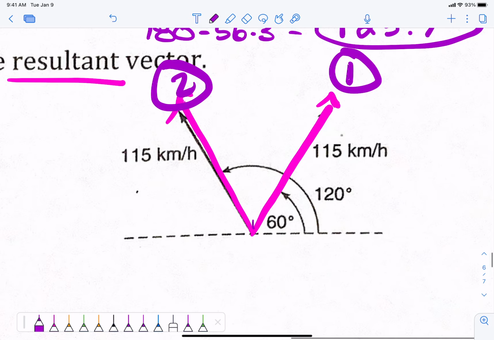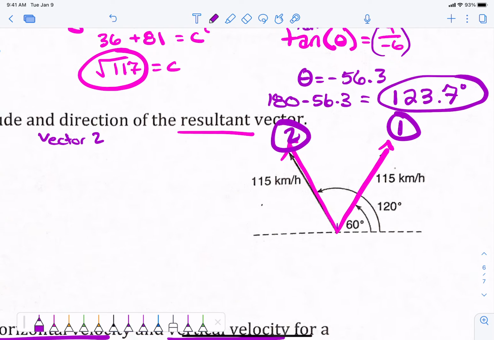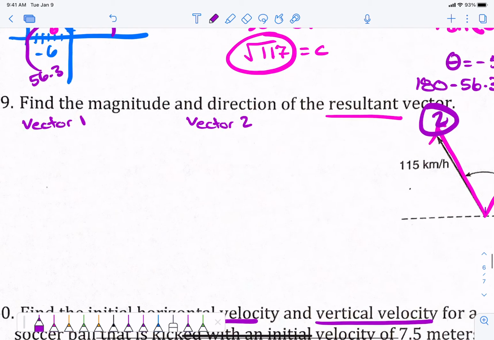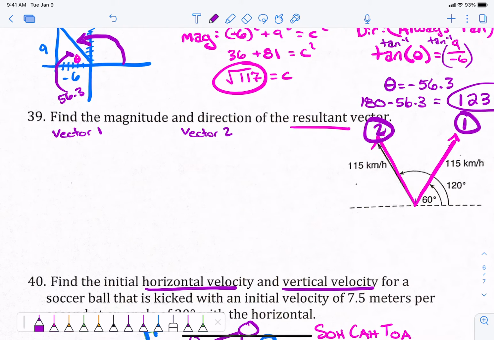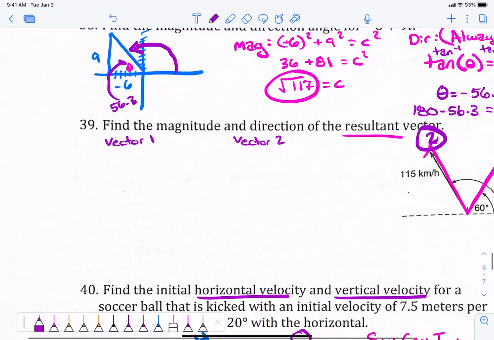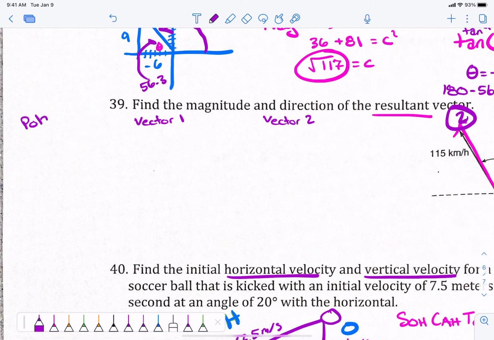The first one's pulling to the right, the second one's pulling a little bit to the left at those angles with that amount of force. Polar form is r times cosine theta plus i sine theta, right? We're going to write each of these vectors in their appropriate polar form.